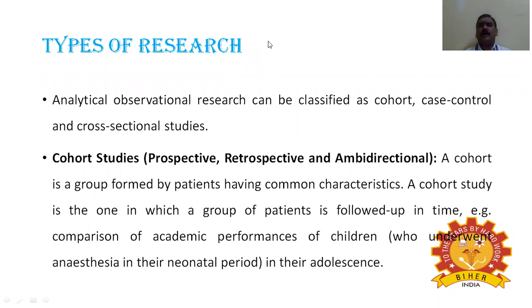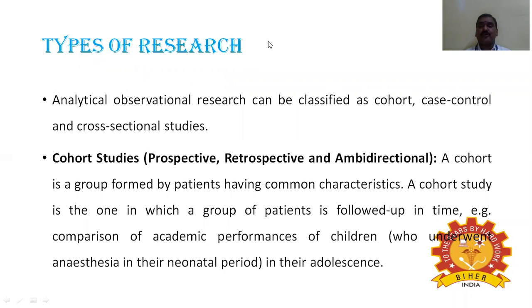Next, I'm coming to analytical observational research, which can further be classified as cohort studies, case control studies, and cross-sectional studies. What are cohort studies? The alternative names of cohort studies are prospective studies, retrospective studies, or ambidirectional studies.